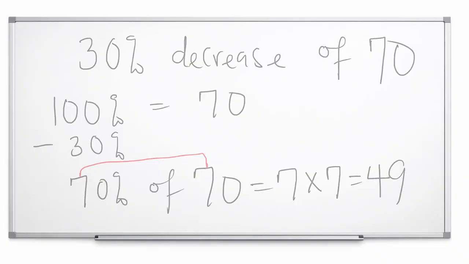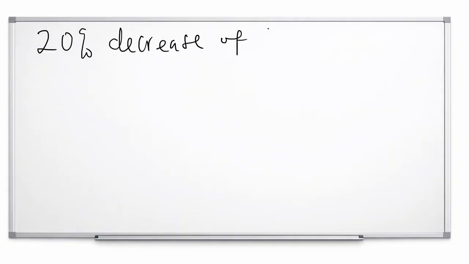Now, I have another example. What is a 20% decrease of, let's say, $120?